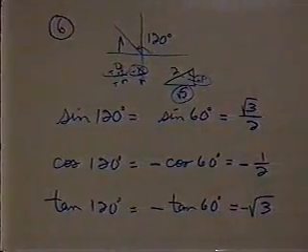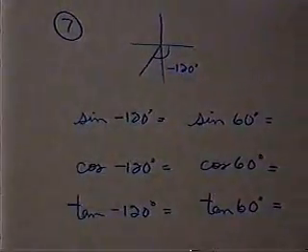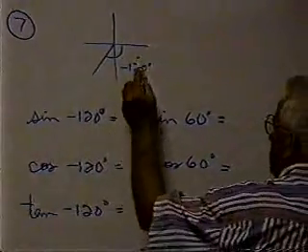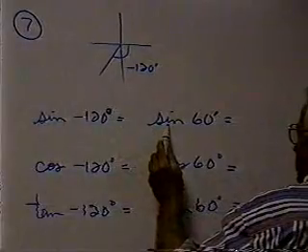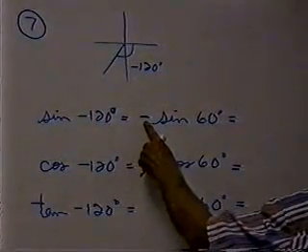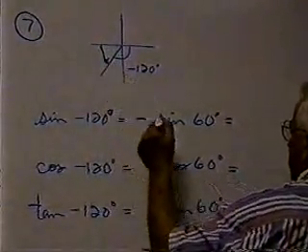All right, let's look at example 7. Next example, number 7, a minus 120 degrees. A minus 120 degrees puts it in quadrant 3. So sine in quadrant 3 is negative because it's y over r. And how far is a minus 120 degrees from the x-axis? Well, it's also 60.